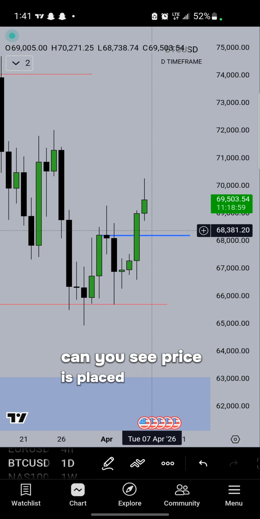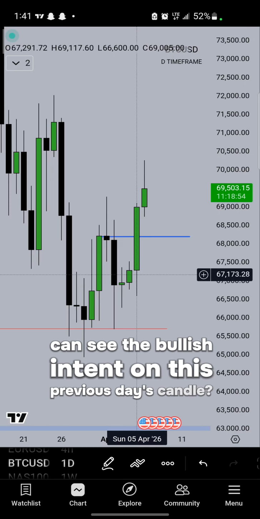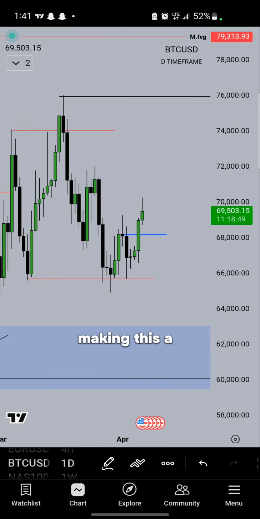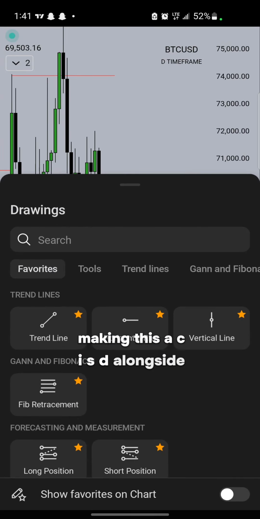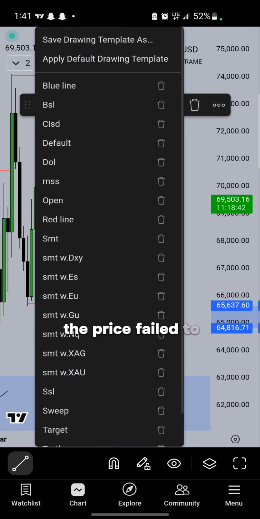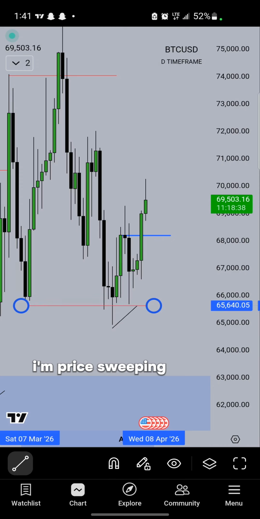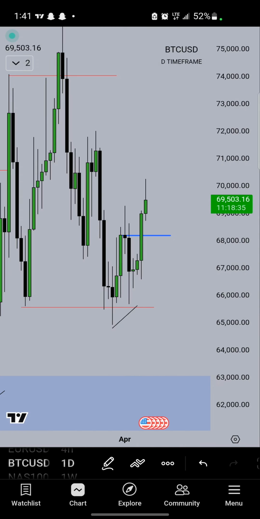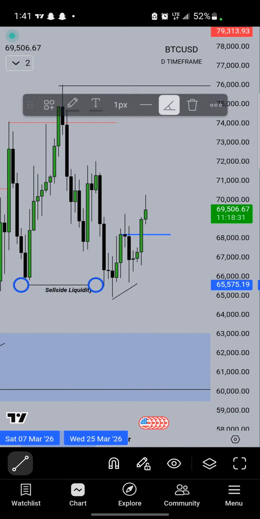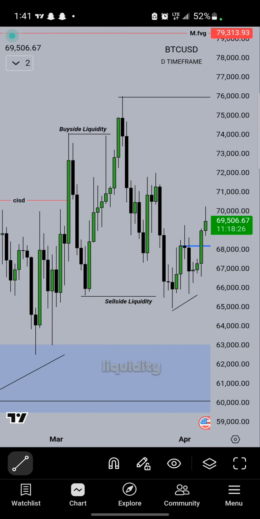You can see the bullish intent on this previous day's candle, closing above this, making this a CISD alongside this low that price failed to displace below, just like in the 4 hour time frame, and price sweeping this low. You understand? Price swept this. This is the sell side liquidity. This is the buy side liquidity.